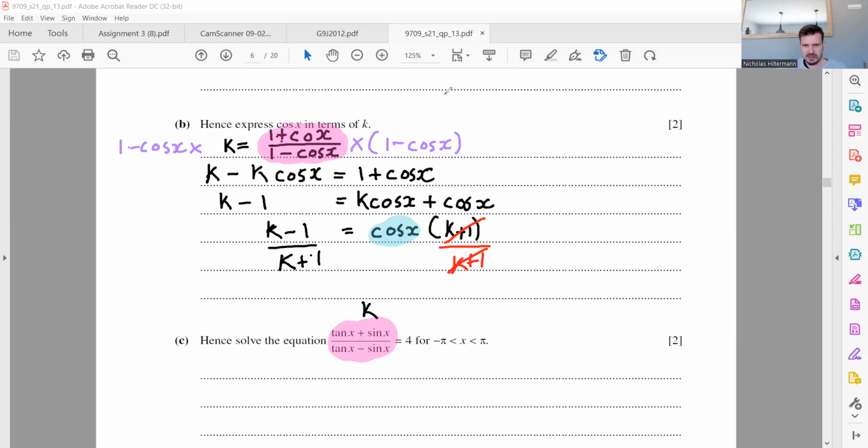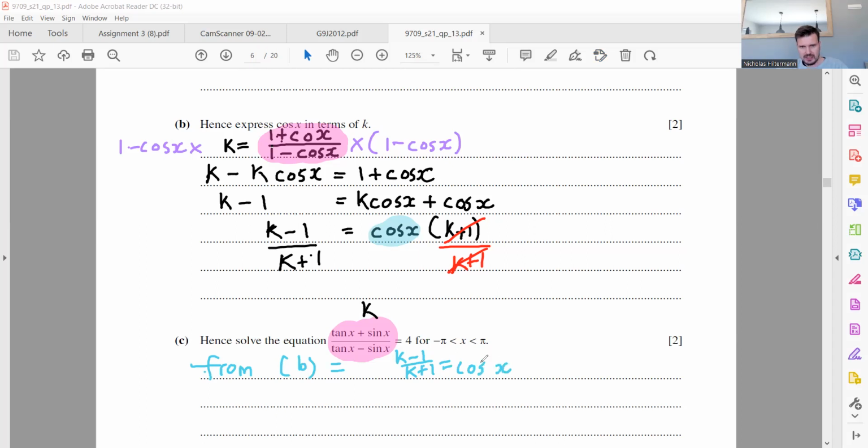So from B, we knew that (k - 1) / (k + 1) equals cos x.